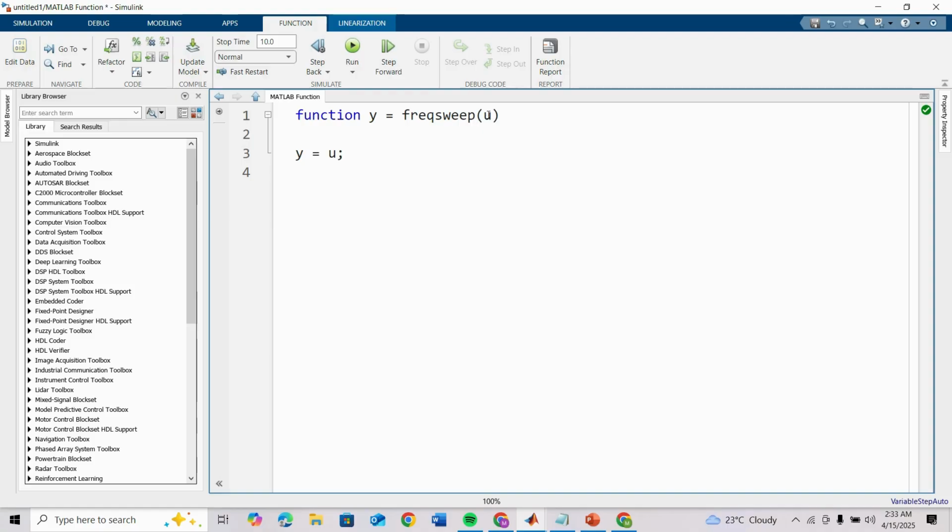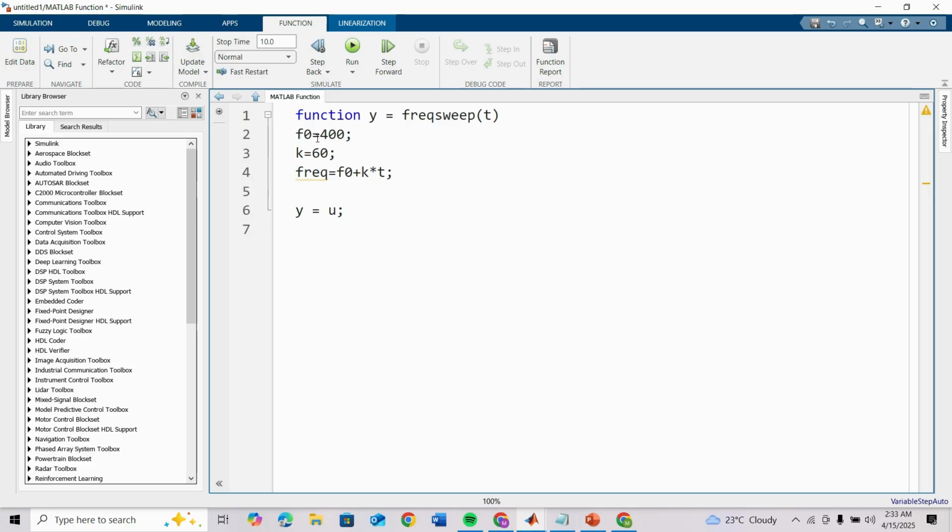Our input is t, and let the initial frequency f0 equal 400. Let k be 60, and frequency equals f0 plus k multiplied by t.